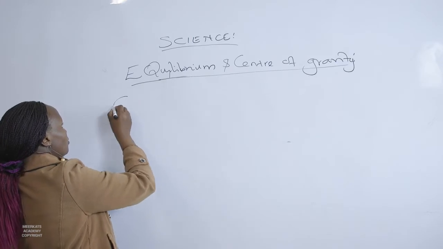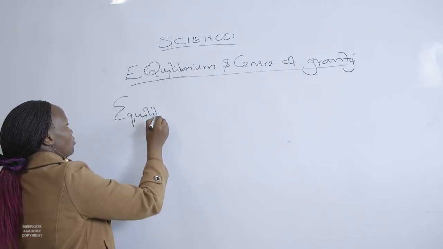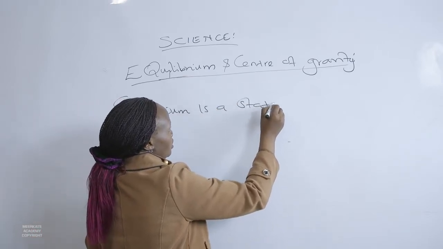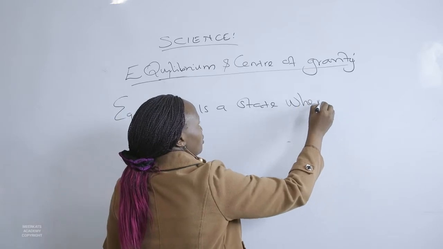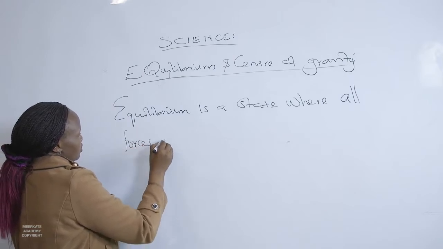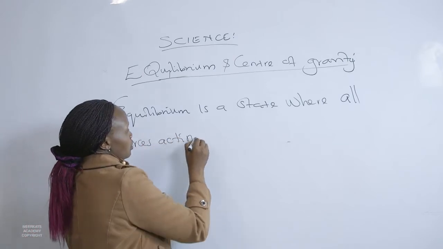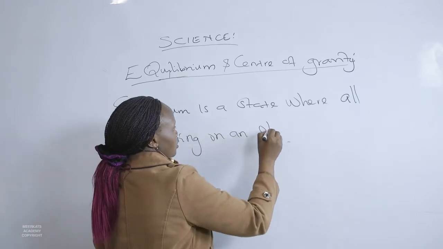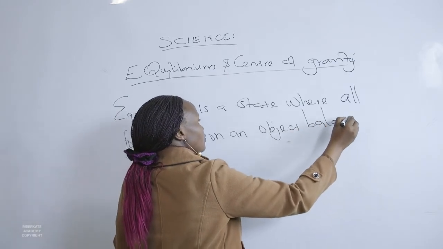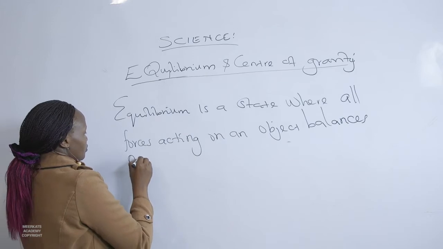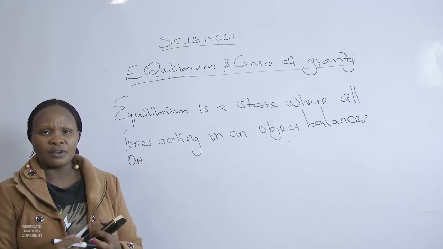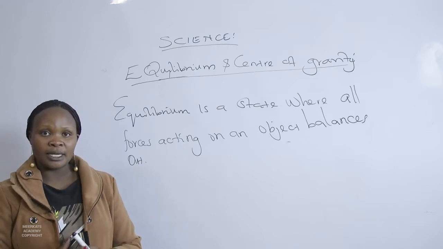And equilibrium is a state where all forces acting on an object balance out. It is that state where all the forces that act on a body balance out.